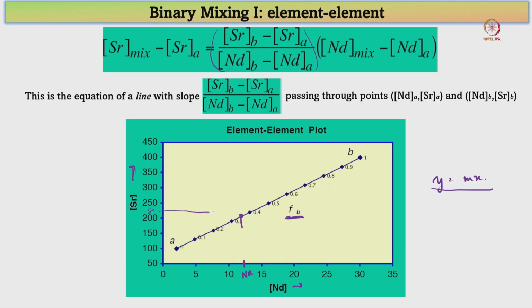They are going to give you this data, and you are going to reach here. So, from the slope of the line you are able to calculate the fraction of a particular component, and if you subtract it from 1 you get the fraction of the other component. So, this is how we do unmixing.